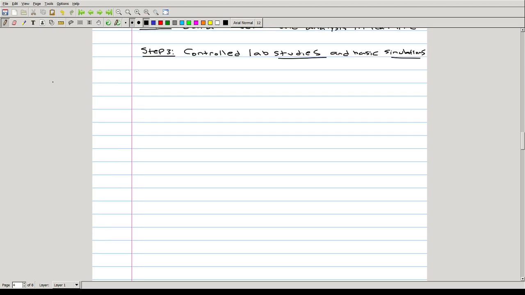And then the last 2 steps here are step 4 and step 5.